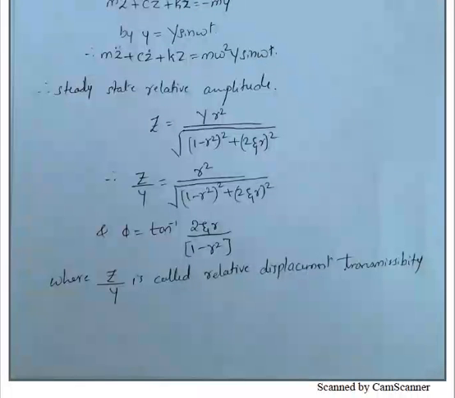There also you have to explain the things and write the relevant equations. Go through this video and the previous class, and whatever equations we have derived in both classes, you have to remember to solve the problems.